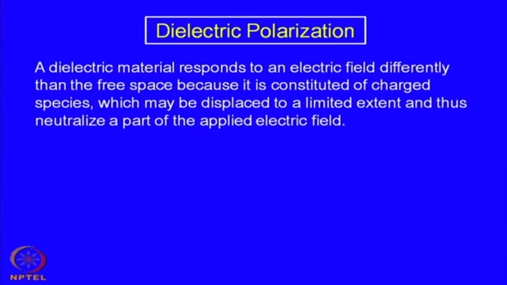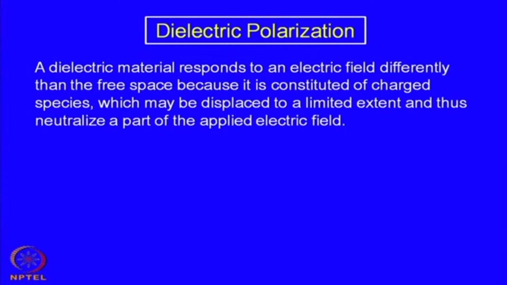Free space does not have charged species, so the permittivity is much less. Therefore, when you apply an electric field to an insulator which has charged species, some of these charged species may be displaced to a limited extent, thus neutralizing a part of the applied electric field.